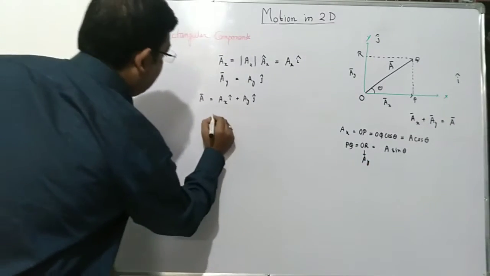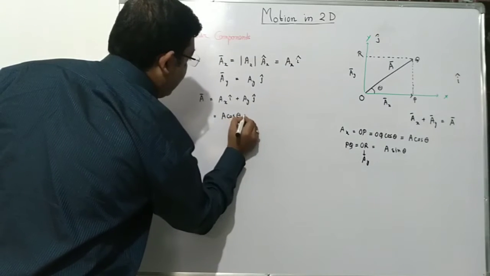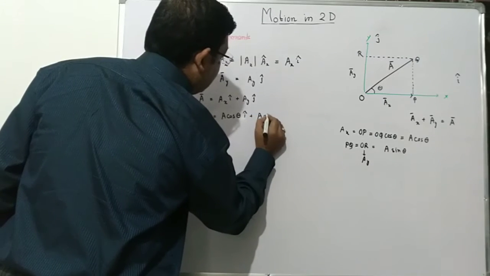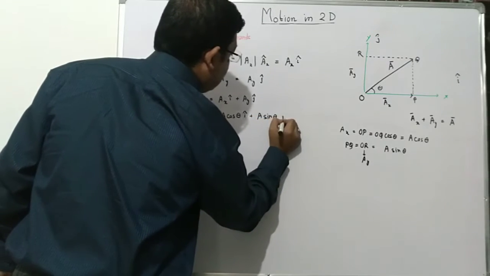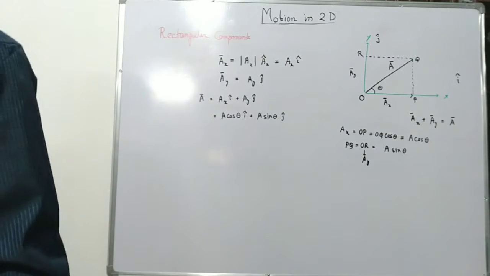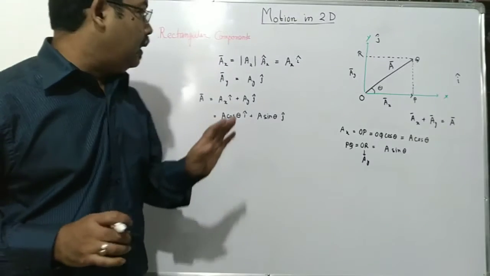So we can write this is equal to A cos theta I cap plus A sin theta J cap. Clear till now?